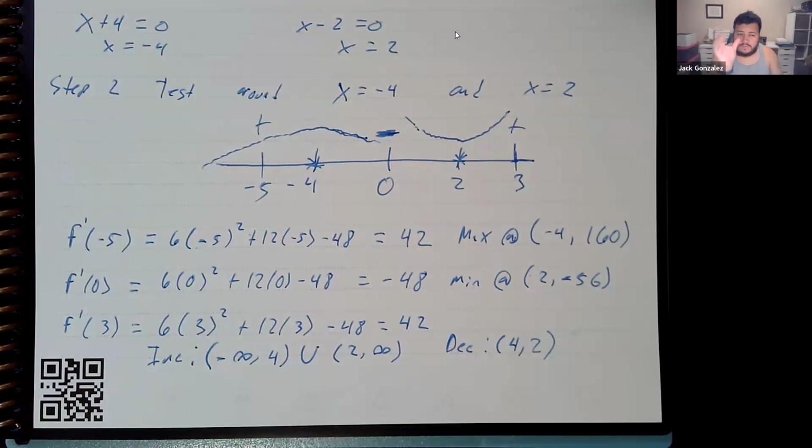Okay. So looking at the answer, like, okay, I know what it is, but how do I get it? How do I prove it using the first derivative? Okay. It's basically what you're doing. Are there any questions on these ideas? Do you know how to find critical numbers? Can you find out where we're increasing and decreasing using derivatives? Can you find maximums and minimums?